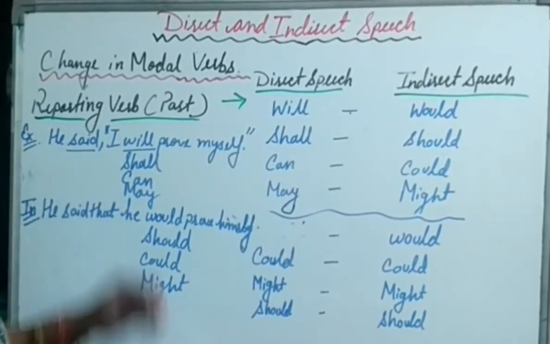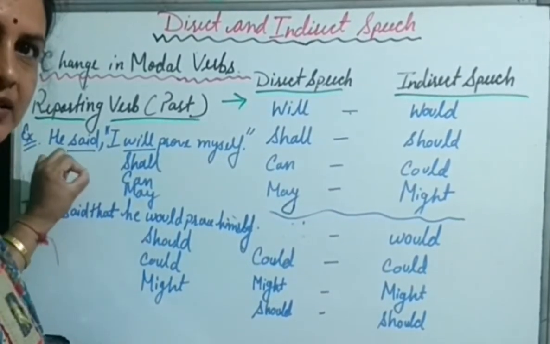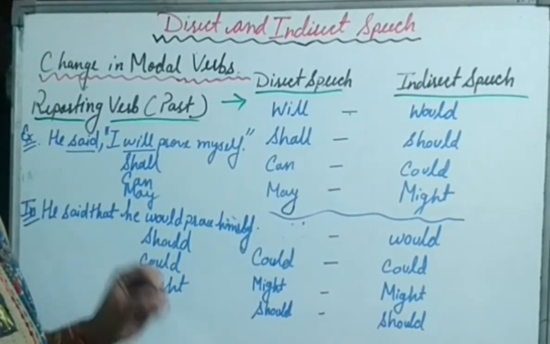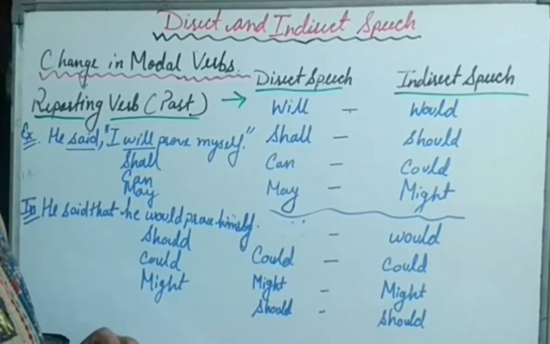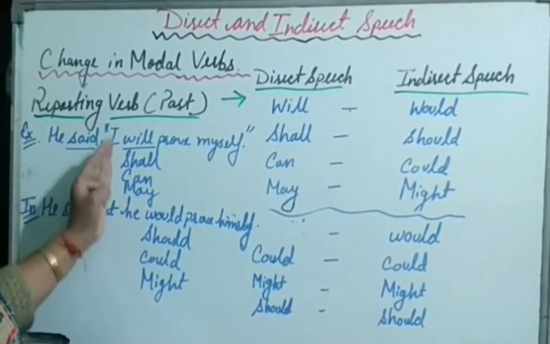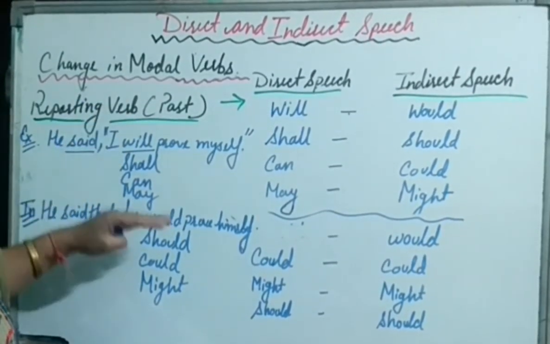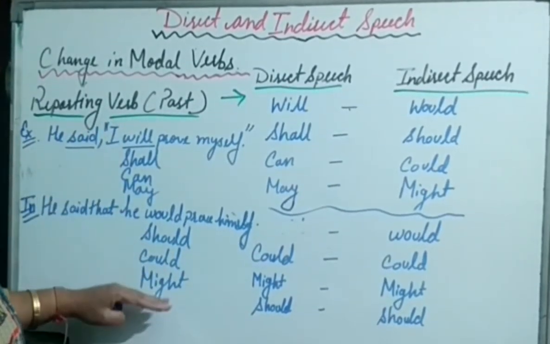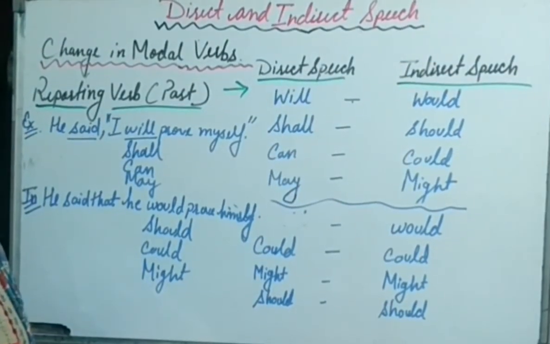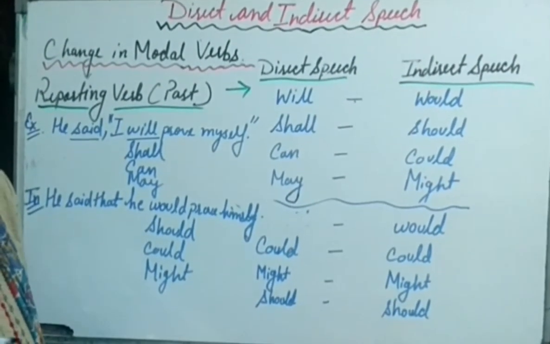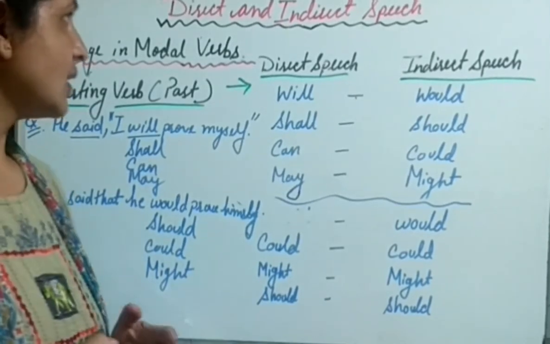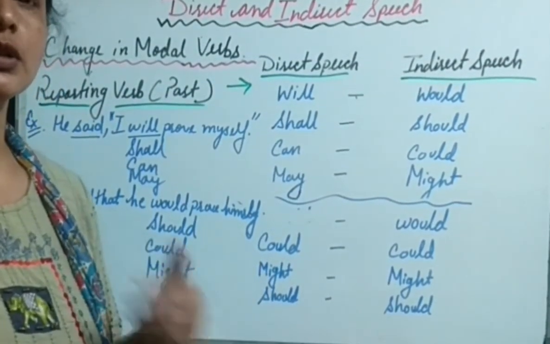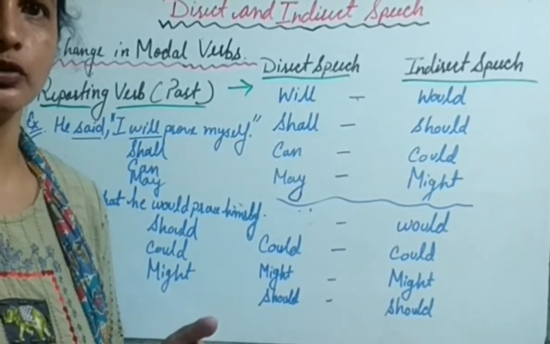So children, if there is a past reporting verb, in that case we make changes in reported speech, and in such a manner these modals change: will into would, shall into should, can into could, may into might in indirect speech. So this much for this video. Other things we are going to discuss in the next video lecture. Thank you.